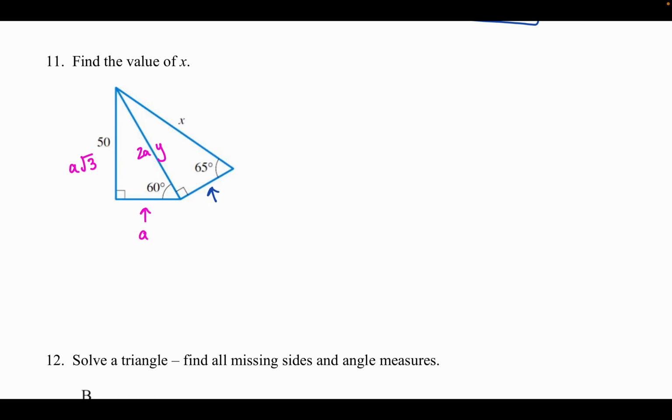So what I can do is I know that a times square root of 3 equals 50, which means that a equals 50 over square root of 3. If I know that that is a, then I know that y has to equal 2 times that. So it's going to be 100 over square root of 3. Okay. And now that I have my y value, I can solve for x.